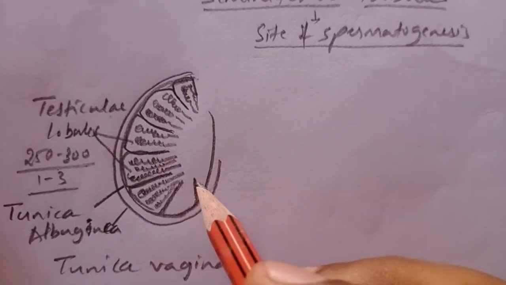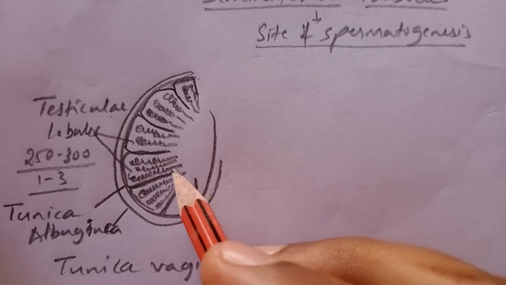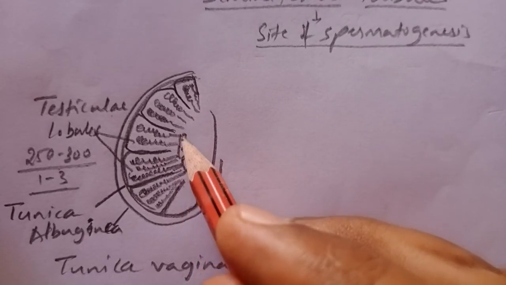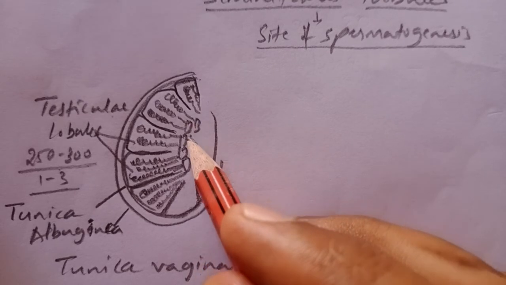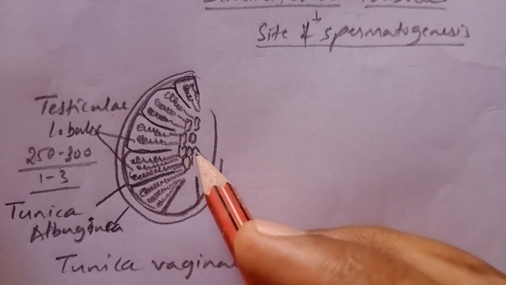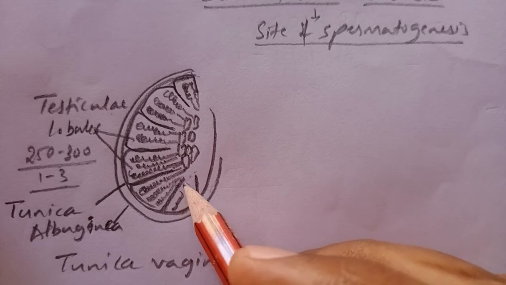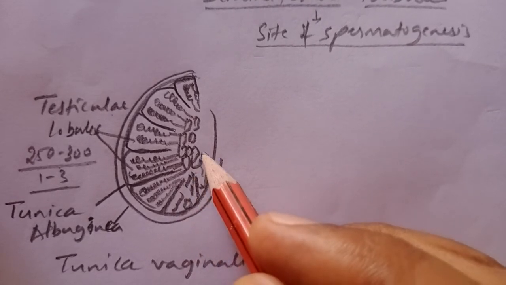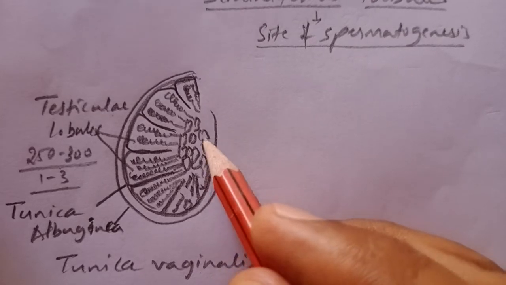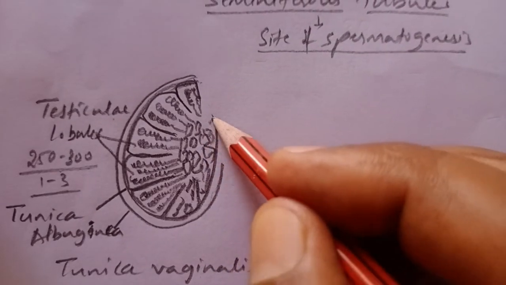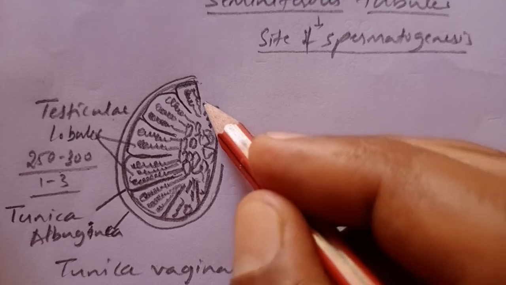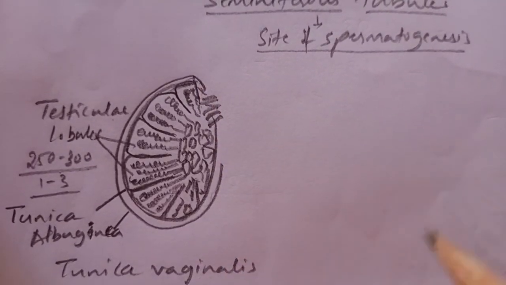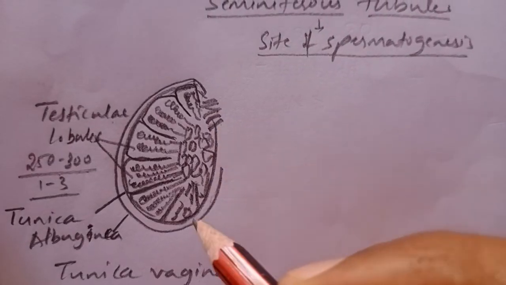Next, these tubes become a little straight and enter the rete testis, a network of tubules. This is the network of tubules called rete testis. Here also you can see these compartments. This rete testis exits through straight tubes called vasa efferentia.